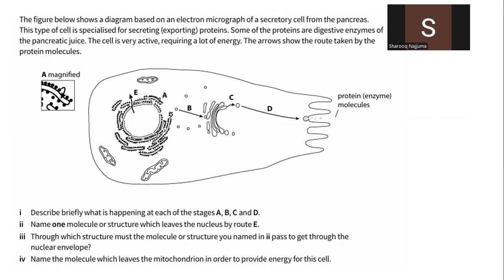Name the molecule which leaves the mitochondrion in order to provide energy for this cell. Okay, we have not yet looked at the mitochondrion, but we know that a mitochondrion releases energy in the form of ATP. So in that case, for Roman number 4, the answer is ATP.